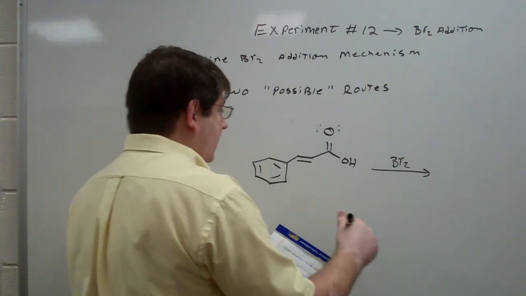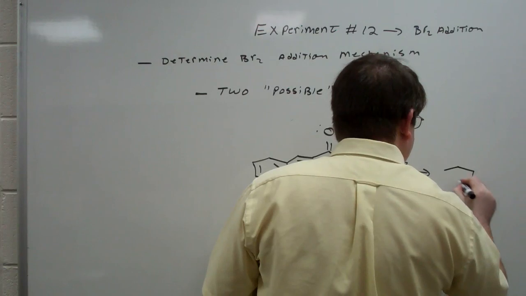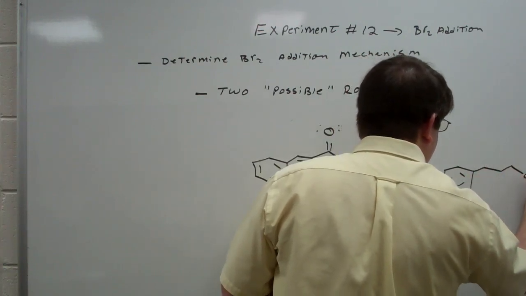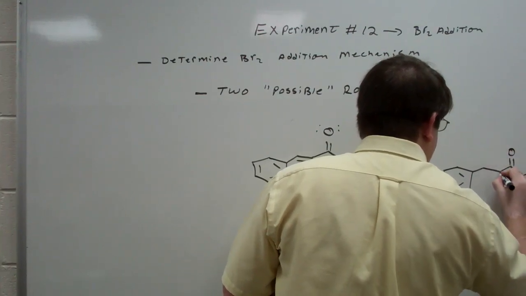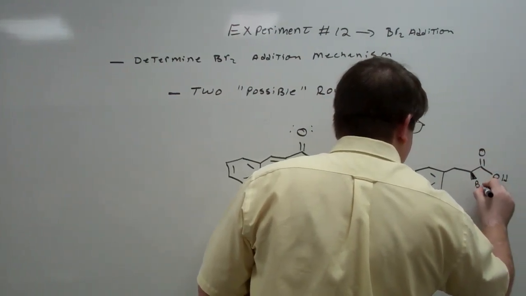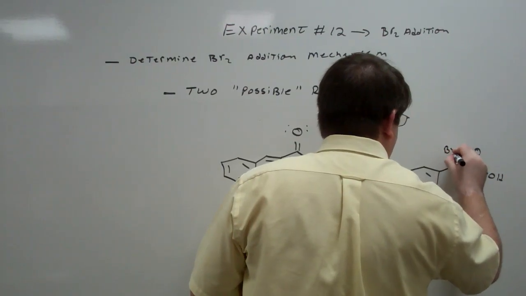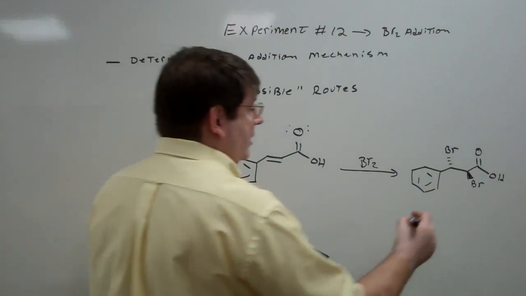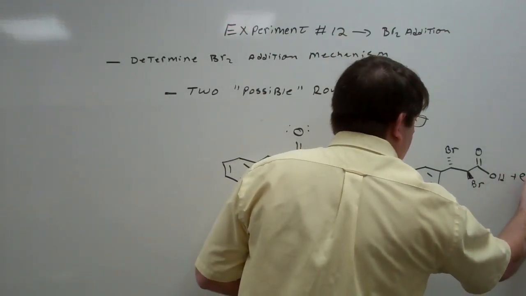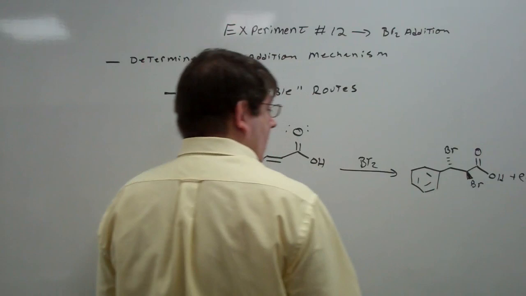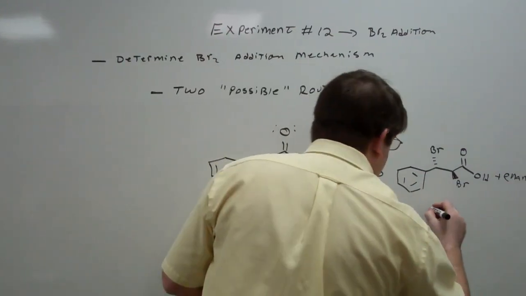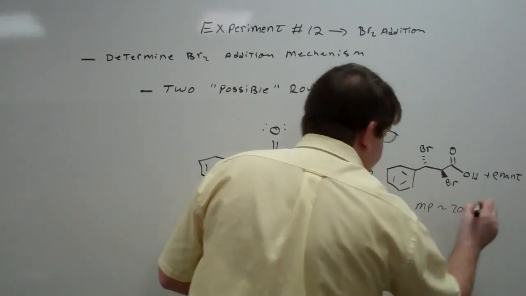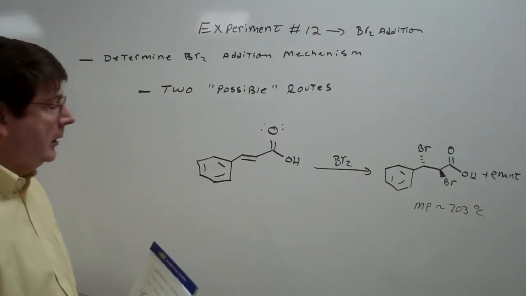So if we get the anti-addition, we're going to end up with this molecule plus its enantiomer. This has a melting point somewhere around 203 degrees Celsius, so quite high.